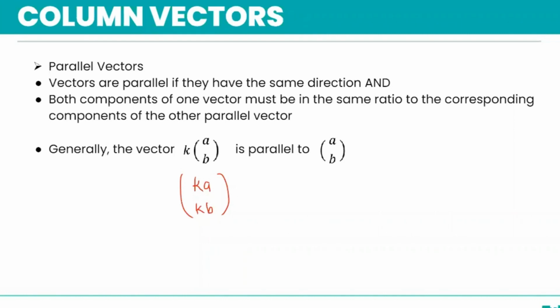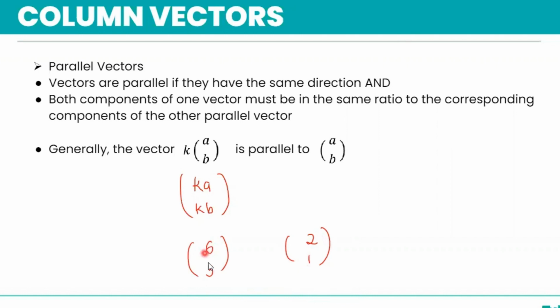Let's also look at another example of this. If I have a vector that's 6, 3, and I also have another vector that's 2, 1, I can see that my first vector, 6, 3, is parallel to my vector 2, 1, because this is a scalar multiple of 2, 1. How can I say that?